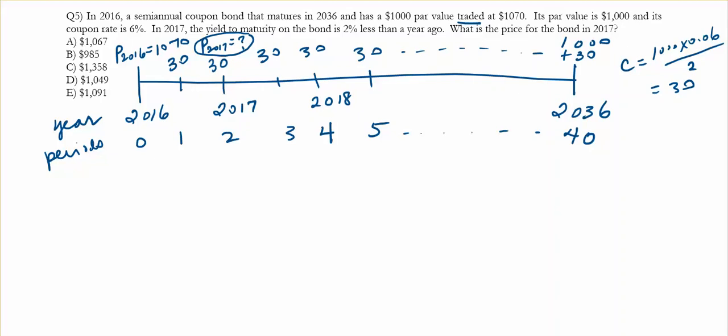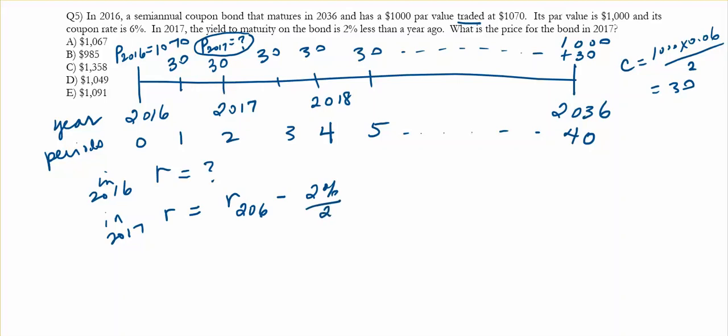Now, what rate will we use to discount? We don't know what the discount rate is now in 2016, but we know that in 2017 the discount rate will be whatever the rate was in 2016 minus 2% divided by 2. Okay, how did I get that?